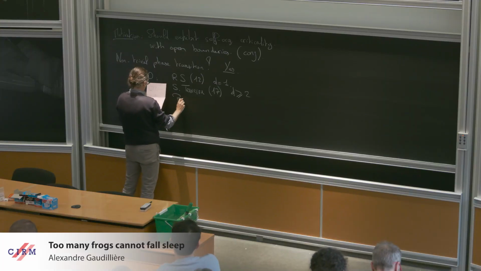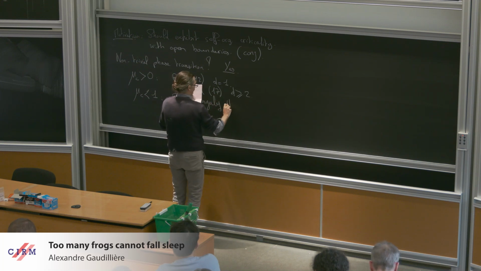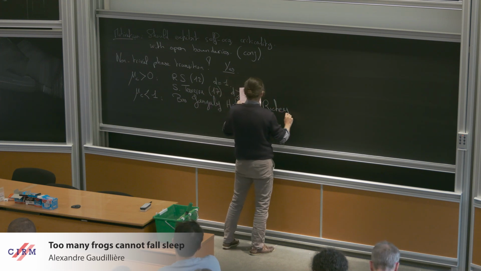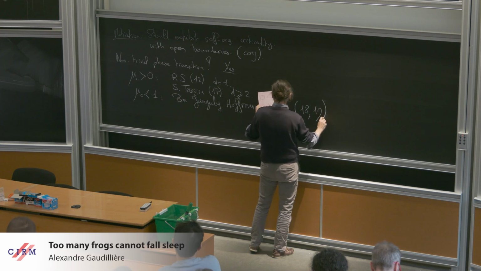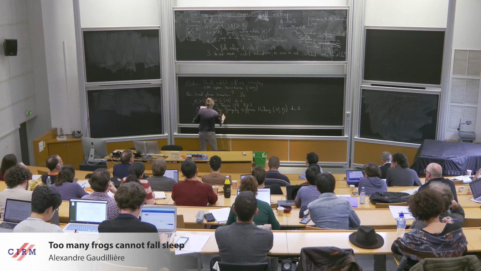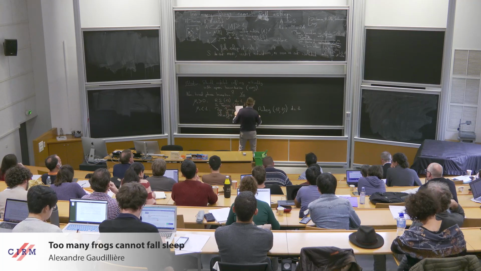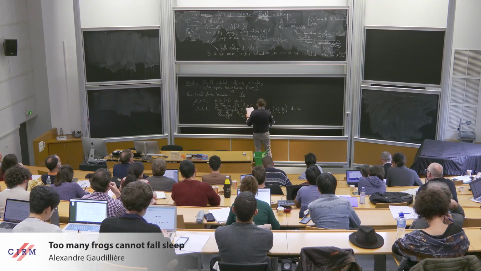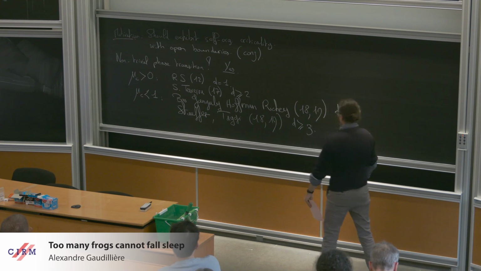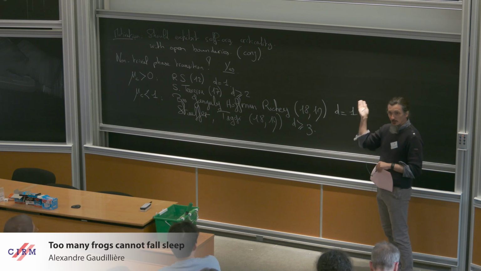So this was proved by Basu, Ganguly, Hoffman, and Ricci in 18 and 19 for the special case d equal to 1, and by Stauffer and Taggi in 18 and 19 for d larger than or equal to 3. So the only remaining case is d equal to 2, and this is what I claim now.